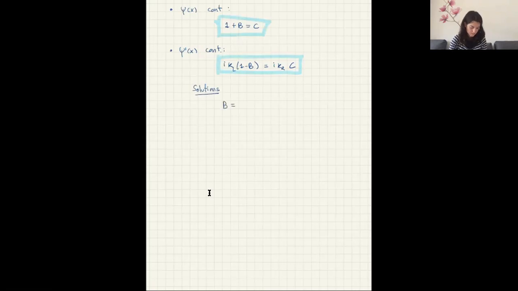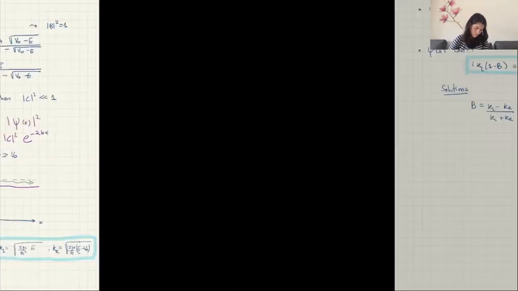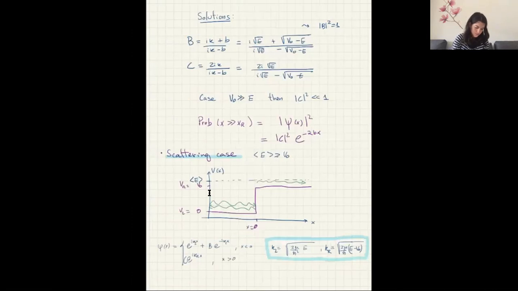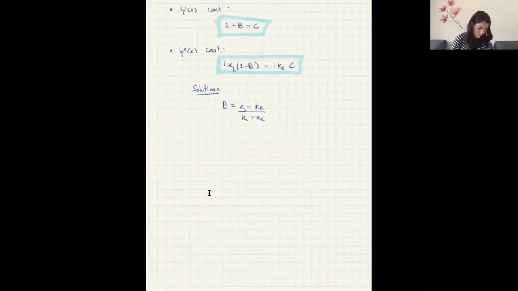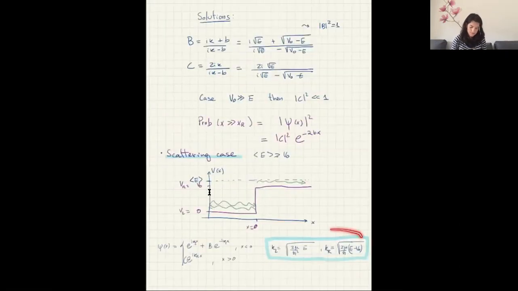So the solutions are going to be that b is k left minus k right over k left plus k right. Compare this to before. Before that was i k left. And c is going to be 2k left over k left plus k right. And now we can again express them in terms of these things here.